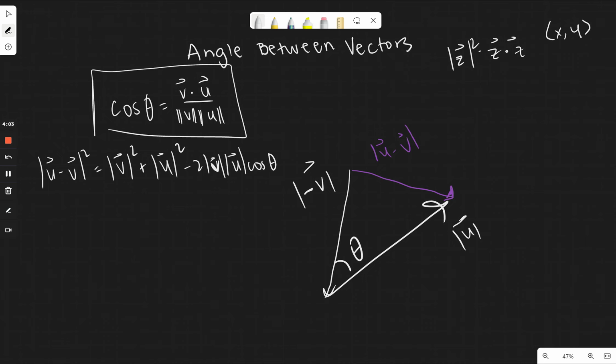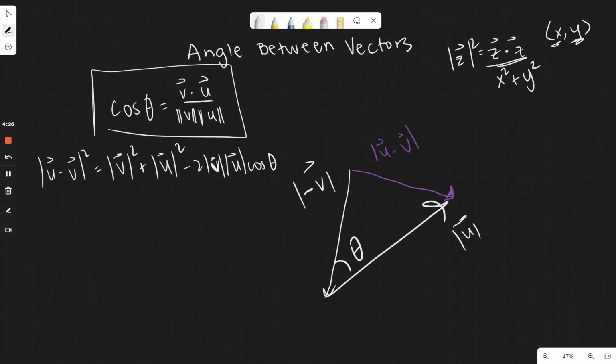When we take the dot product of those two components, we're going to get x times x, so x squared, plus y times y, because you take the product of the x components and add the product of the y components, and that's the dot product. So this is the dot product of a vector multiplied by itself.